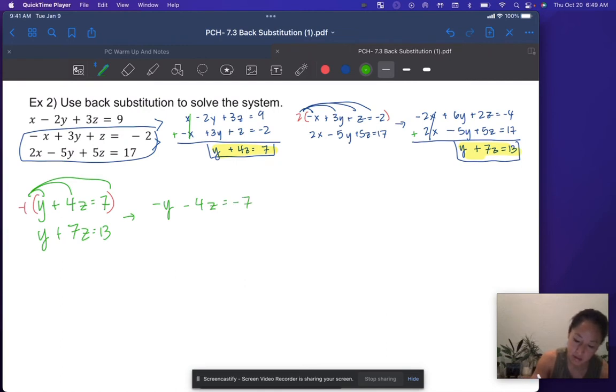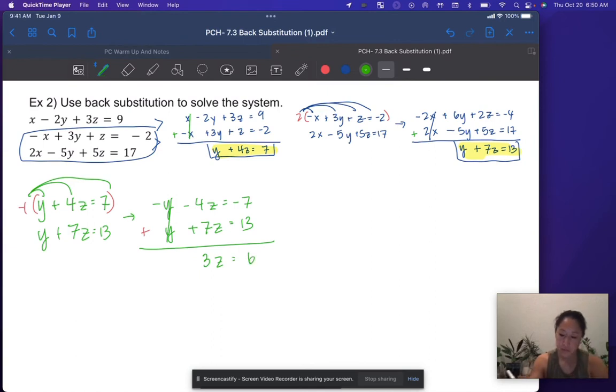Bottom equation stays the same, so y plus 7z is equal to 13. Add those up. I get 0y, 3z, and 6. Isolate the z by dividing by 3. So z is equal to 2. Woot! Now we have one of our variables solved for.